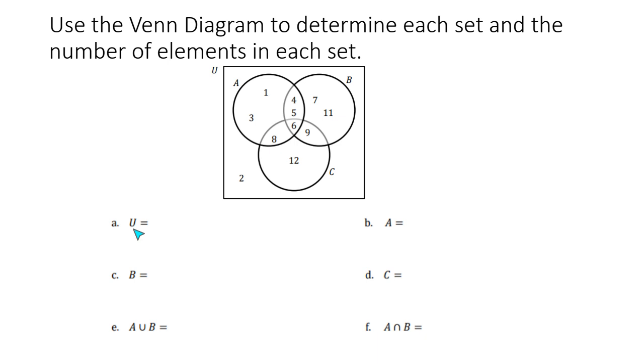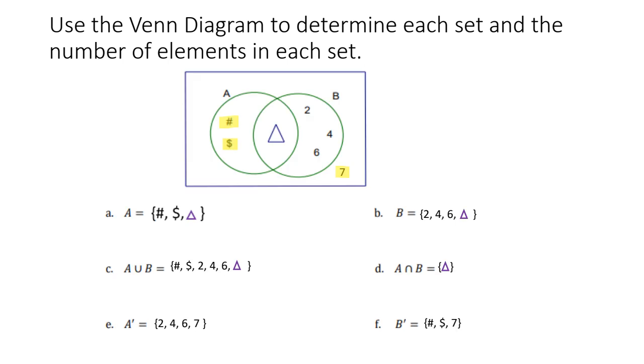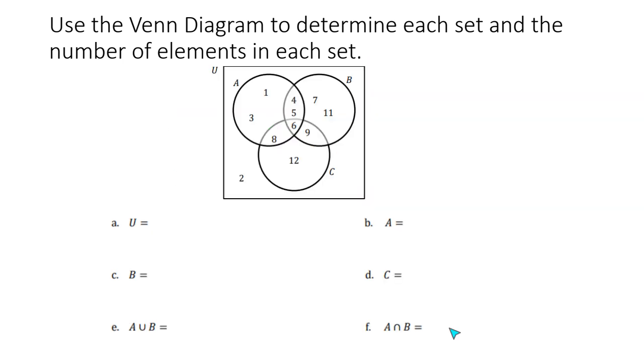On the previous slide, notice that the picture does not have the U identified, but if you don't see the U, the universal set is just everything in the rectangular box. So we just list it out: 1, 4, 5, 6, 3, 8, 7, 11, 9, 12, and 2.